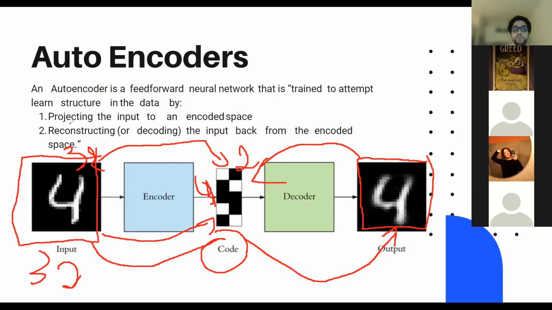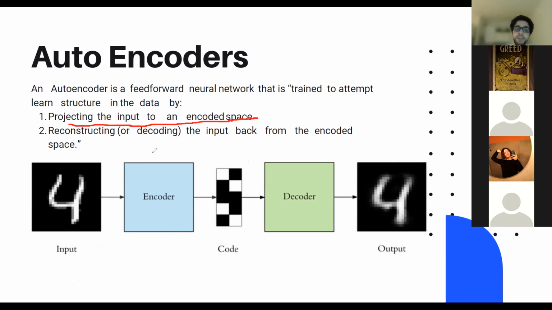So the first step is to project the input into an encoded space. The second step is to reconstruct it or decode it back into the original space.